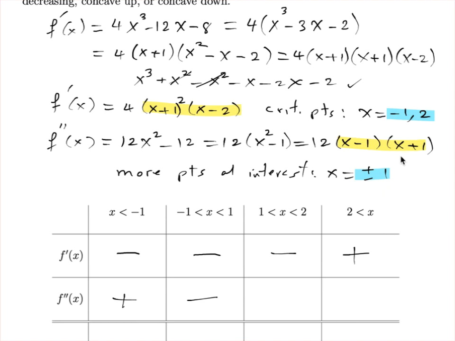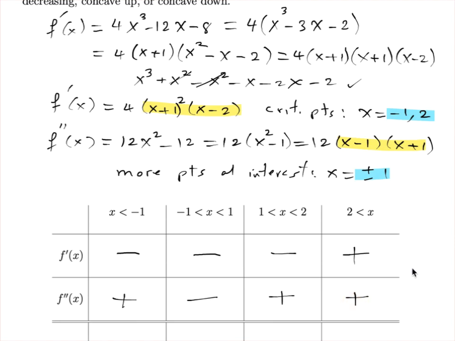On one side of negative 1 it is positive, on the other side it is negative. So that's why it changes sign. And you can also try some numbers. At 1, this one changes sign. So for x greater than 1, it's supposed to be positive. And you can also notice if x is bigger than 1, the first factor is positive and the second one is positive. Positive times positive. And for x greater than 2, it's definitely positive.